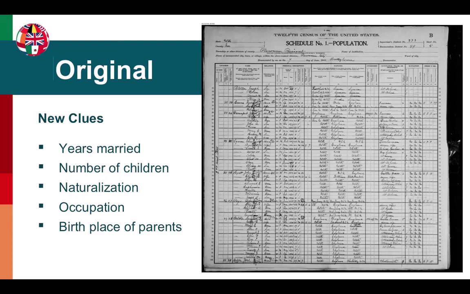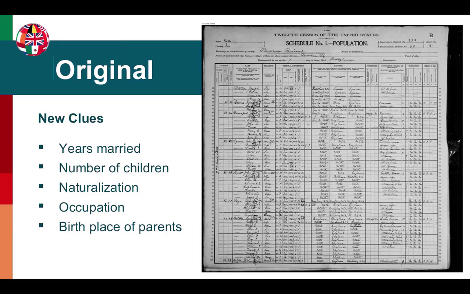If you can find that naturalization record, it will tell you most of the time where they came from and be a little bit more specific than maybe the census record will be. It also gives his occupation. Occupations are an identifier, and it can help you separate out people who maybe have the same name in the same town, and that can be very helpful information.